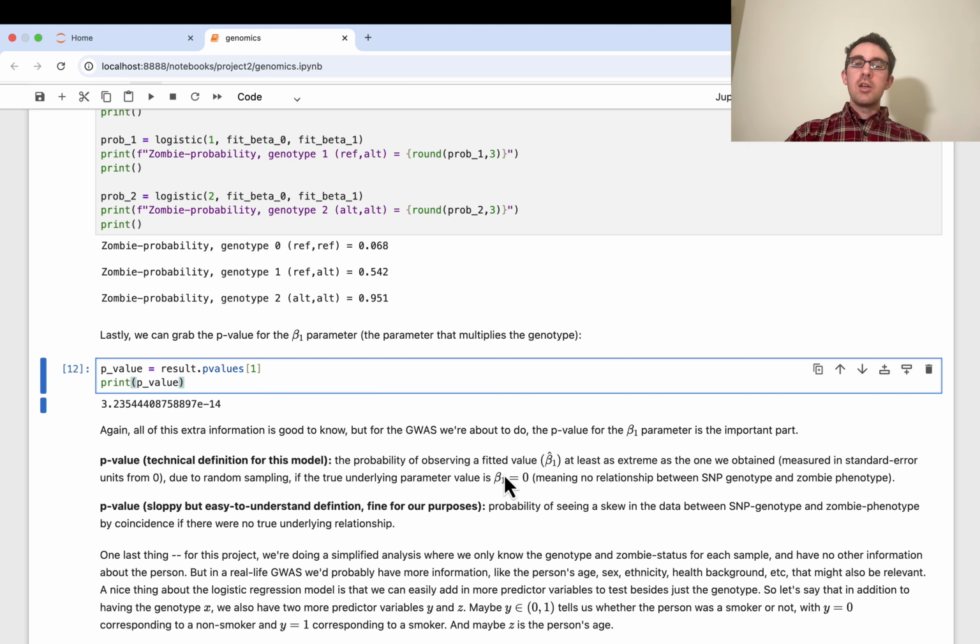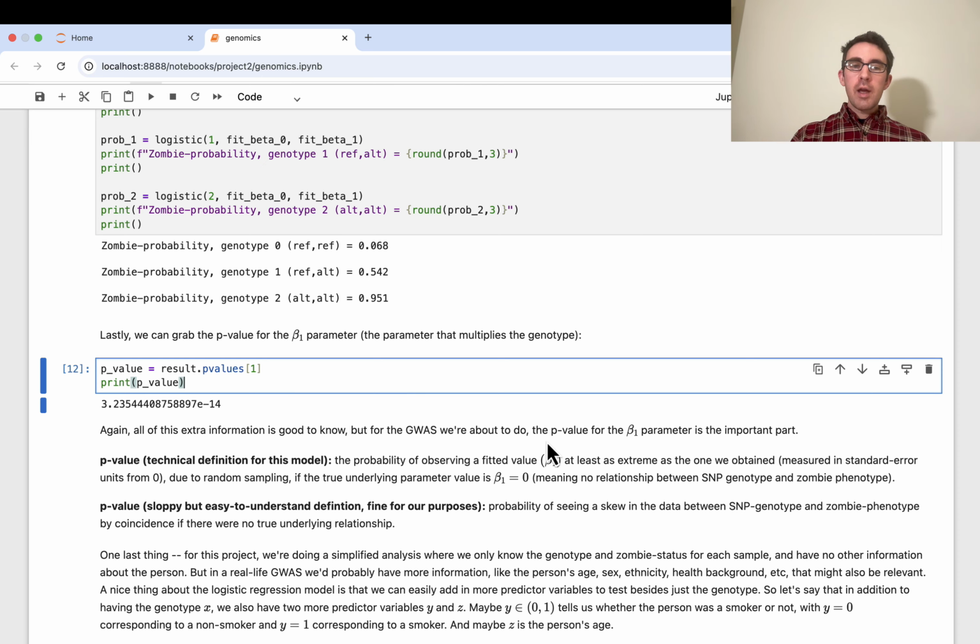But again, the true underlying value of beta 1 is conceptually different from our fit value of beta 1 that we get from fitting the model to a sample of people with the labels and the genotypes.